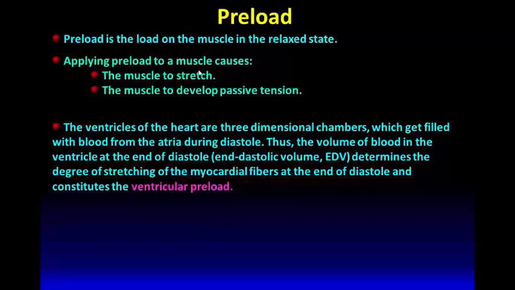Accordingly, the end diastolic volume, the volume of the blood in the left ventricle, which is exactly equal to the volume of the blood at the end of the diastole in the right ventricle, this is the load which the left or the right ventricle have at the end of the diastole and before they begin to have their systole.